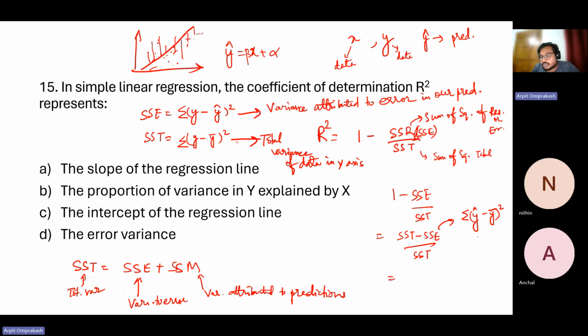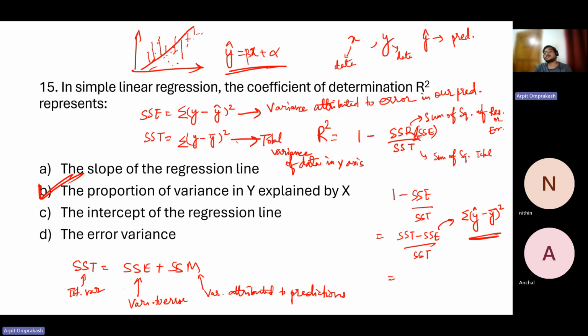So this term basically tells you how much of our variance is due to our prediction being away from the mean of the data, right? So this is basically the proportion of variance in y that is explained by our x, or that is explained by this equation that we have of x and y, right?